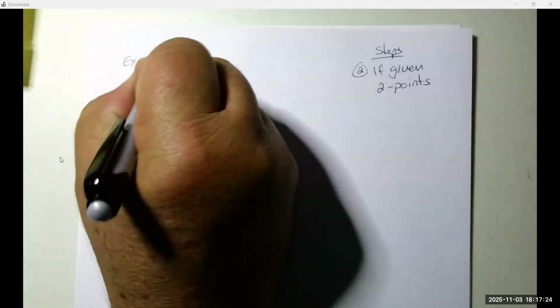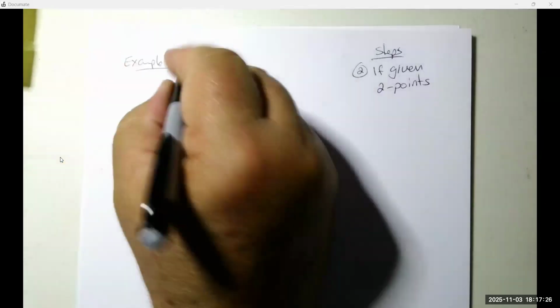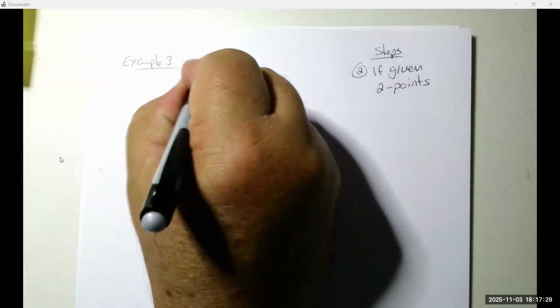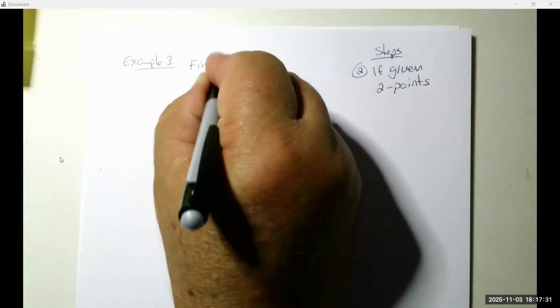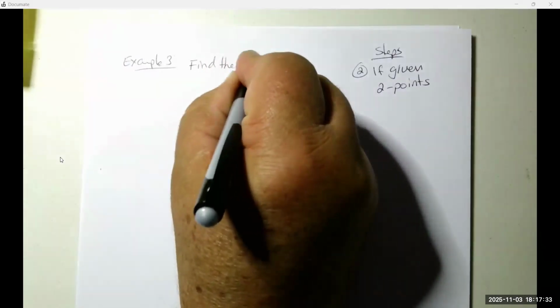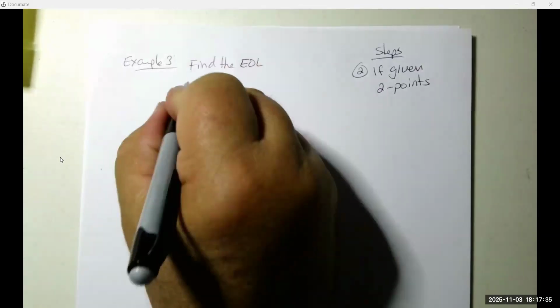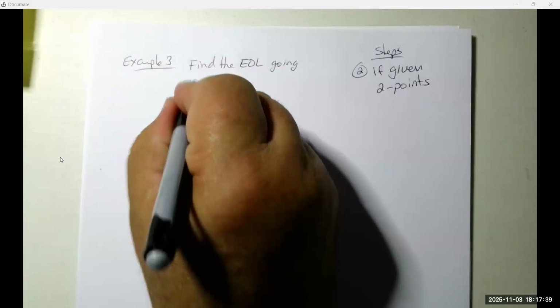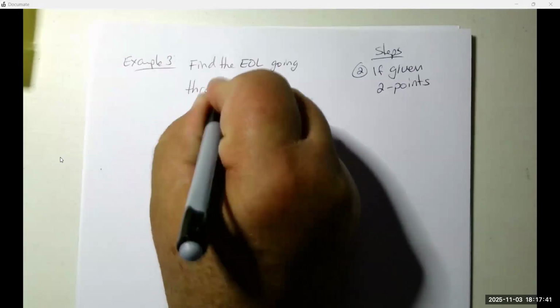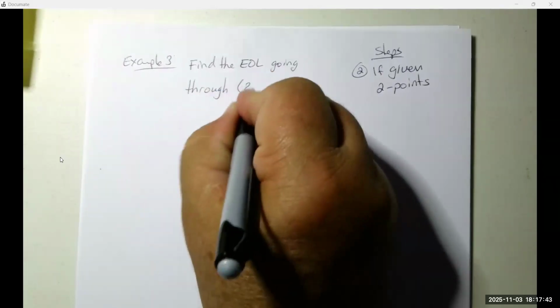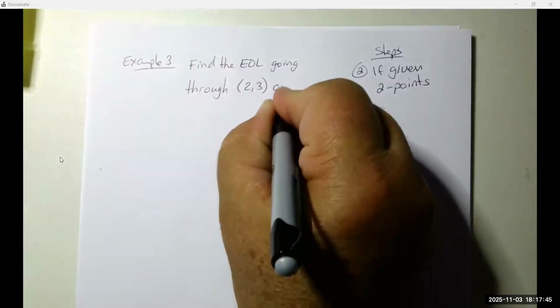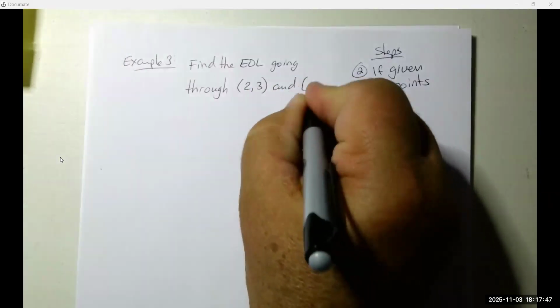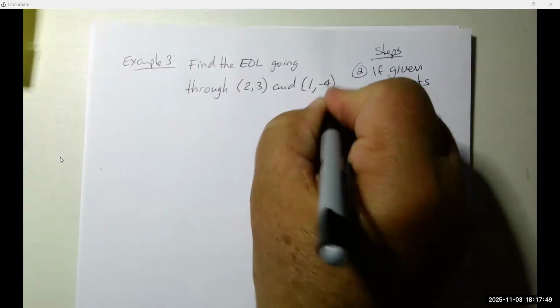Example 3. Find the equation of the line going through the points 2, 3 and 1, negative 4.